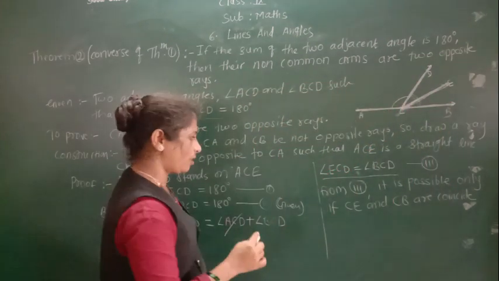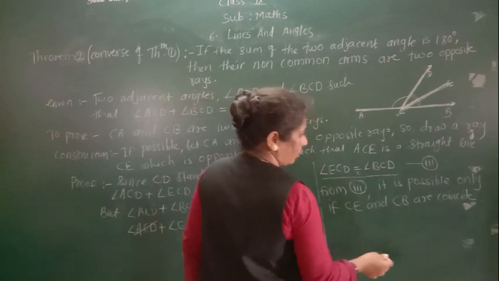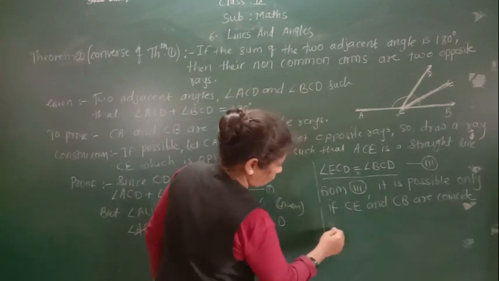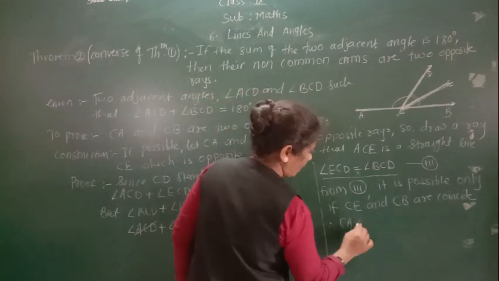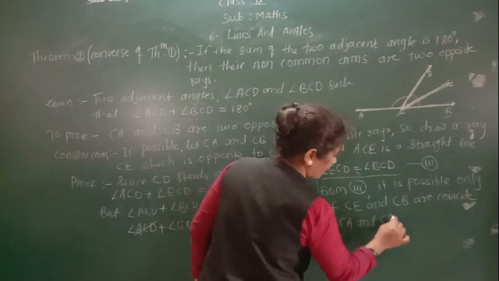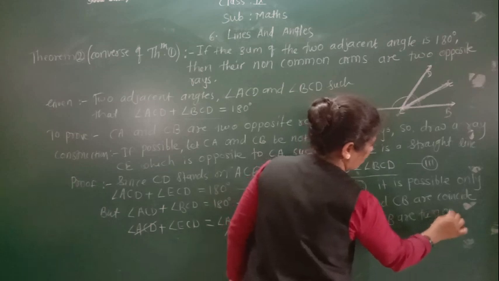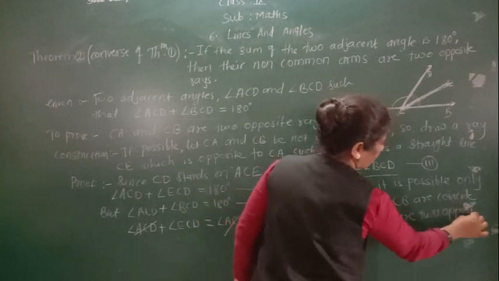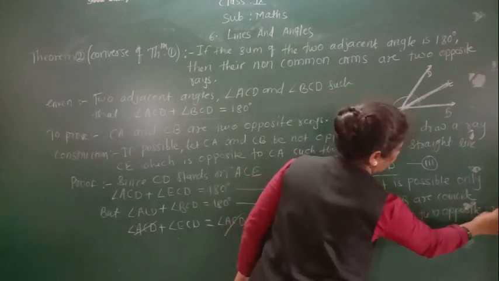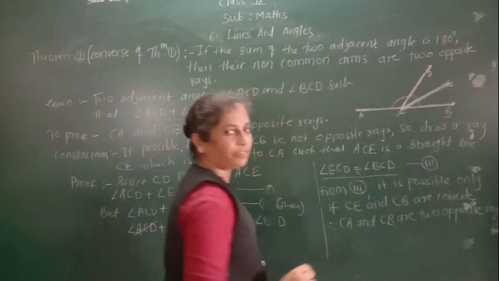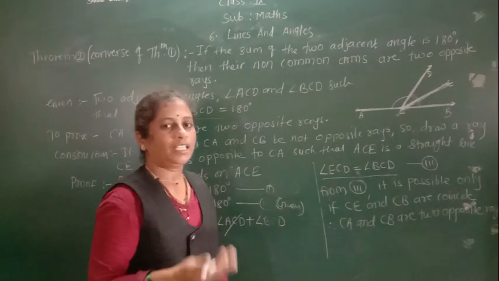Understood everyone? Hence we can say that CA and CB are two opposite rays. Understood everyone? Now we will see the next theorem.